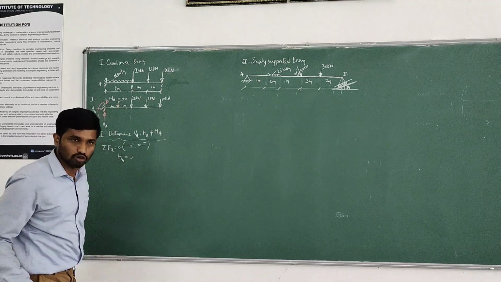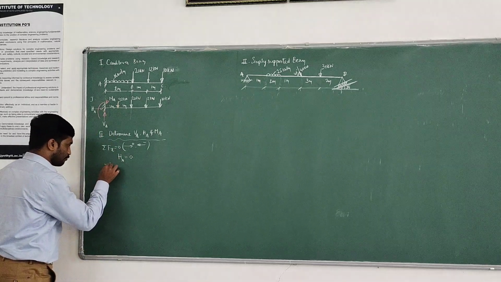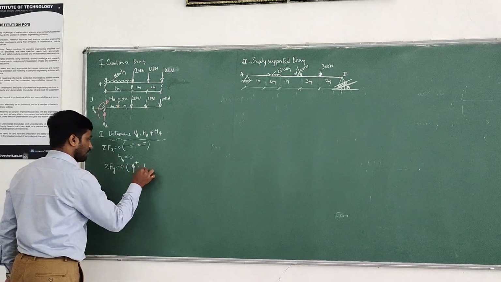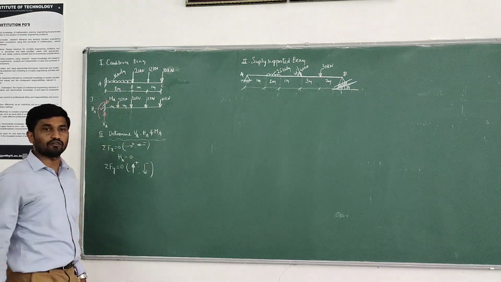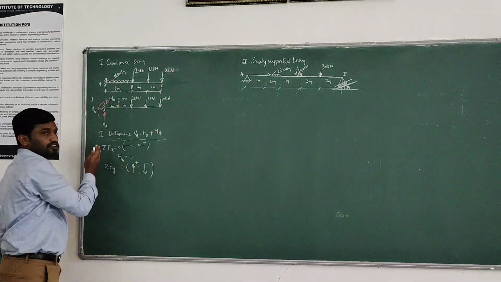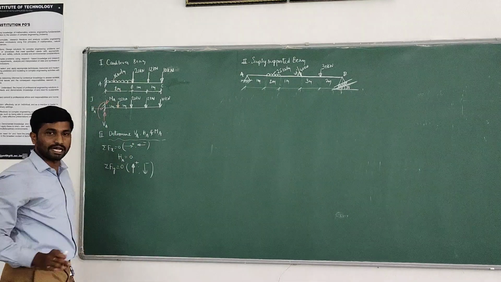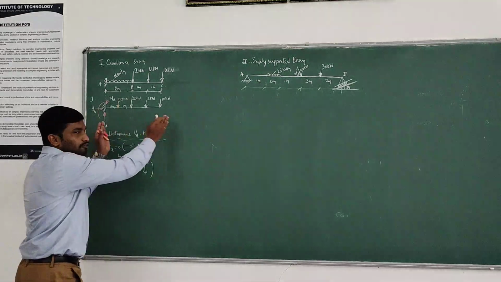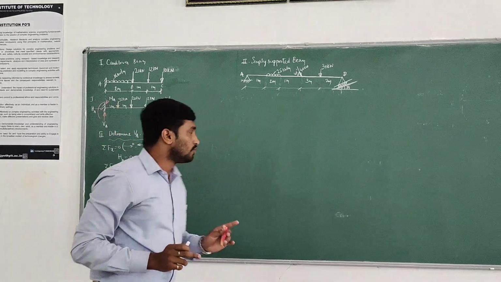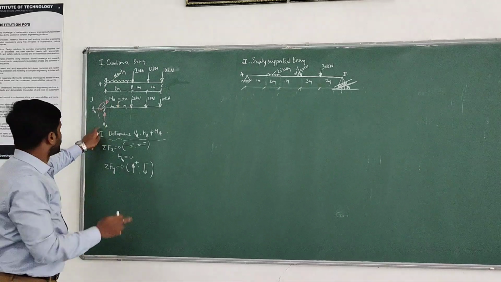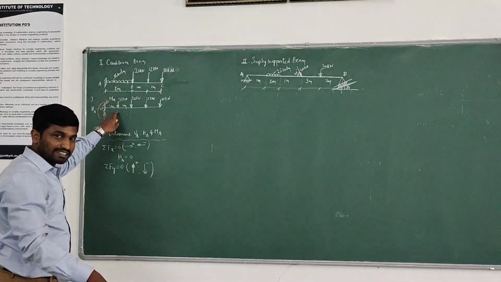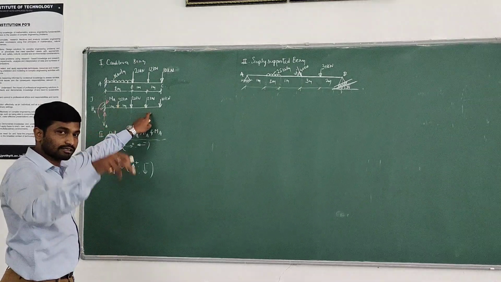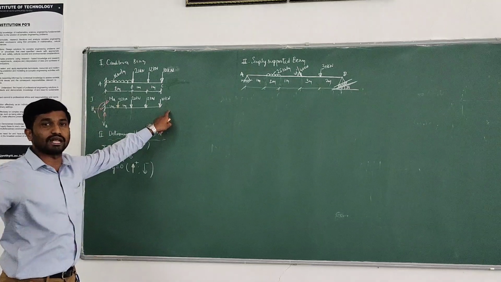HA equals 0. Next apply sigma Fy, the summation of vertical forces equal to 0. It's the equations of equilibrium. So upward forces are positive, downward forces are negative. It's a basic assumption, the sign convention. So here, how many vertical forces in a cantilever beam? VA acting upward is positive, minus 32 acting downward towards gravity, that is negative, 20 acting downwards, negative, 12 acting downwards, negative, 10 acting downwards, negative.